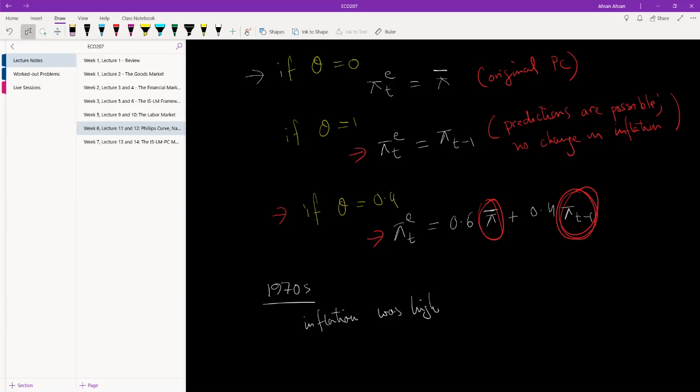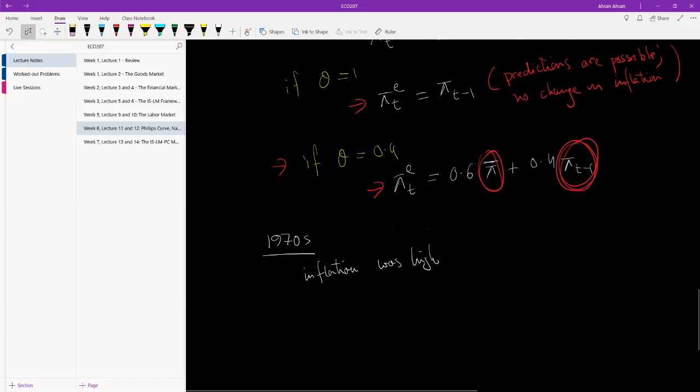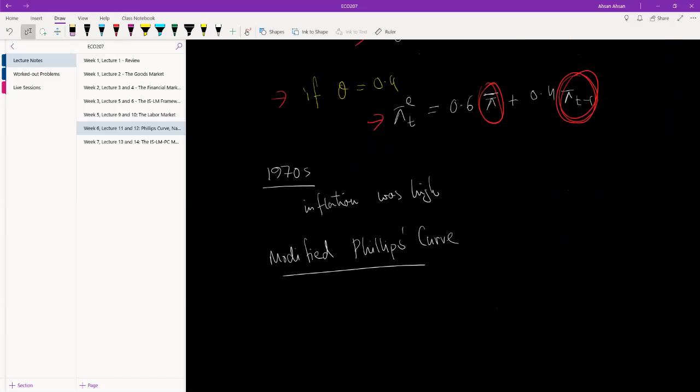we had to start looking back, and that gave rise to something called the modified Phillips curve. The way of deriving this is quite straightforward.